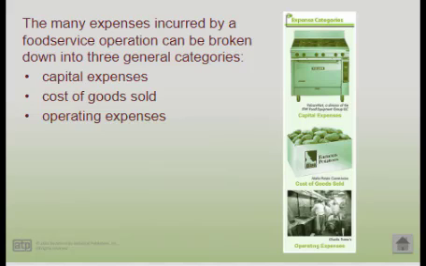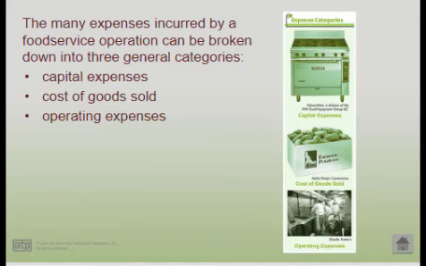Most capital expenses are incurred before the food service operation is open for business. In food service, the cost of goods sold is the cost of the food and beverage products purchased that are ultimately sold to customers. An operating expense is an ordinary and necessary cost incurred by an operation as a result of carrying out day-to-day operations.